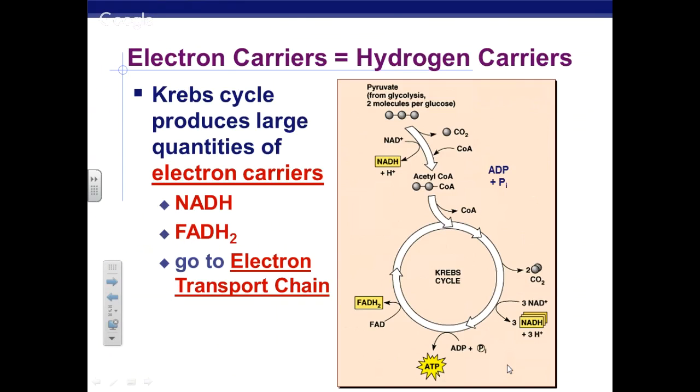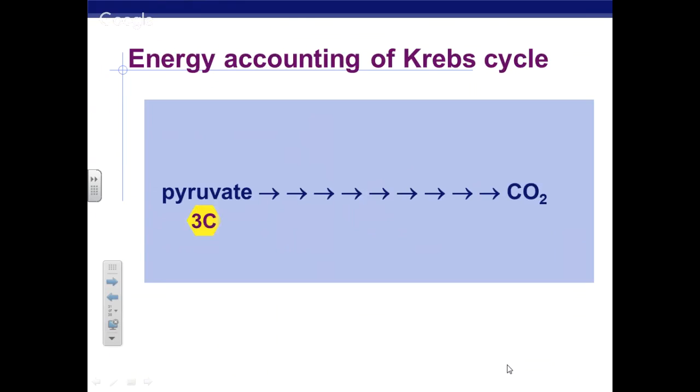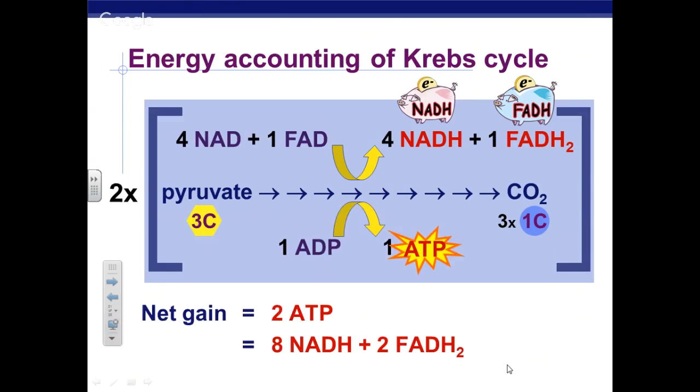That's a lot of electron carriers that are going to the ETC. We'll talk about that later. So this is putting it all together. This includes the pyruvate oxidation step, so don't get confused. It's pyruvate oxidation plus the citric acid cycle. We made 2 ATPs, 8 NADHs, and 2 FADH2s.